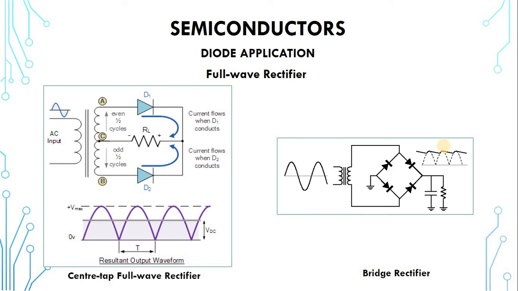But usually after smoothing, it's usually not perfect. You are not going to have a pure DC. It is only batteries that produce pure DC. So long as you are using a rectifier, after rectifying it, you will not get a pure DC. In other words, you will never get a straight line.